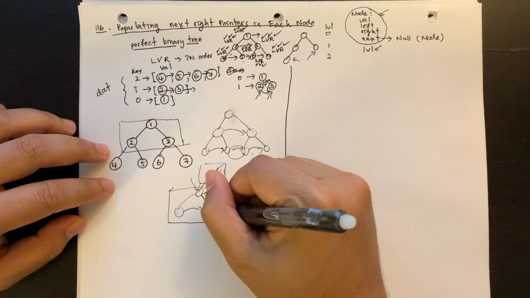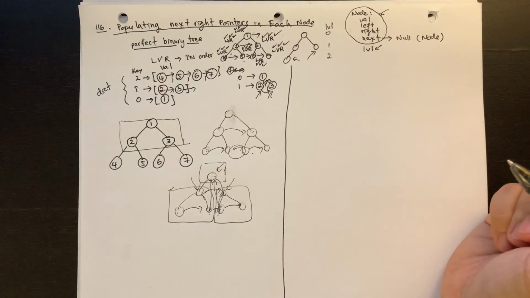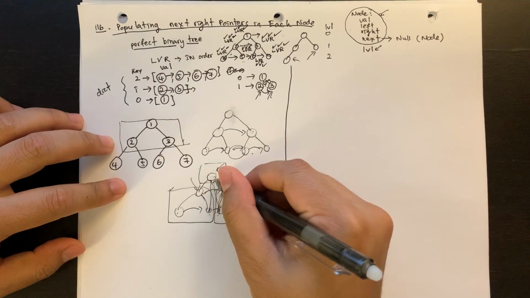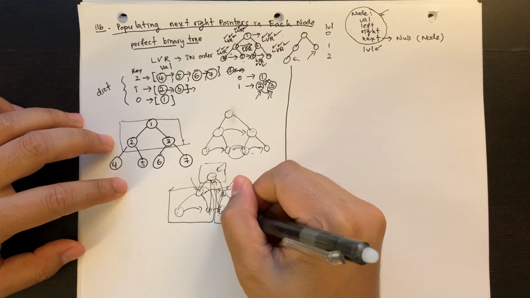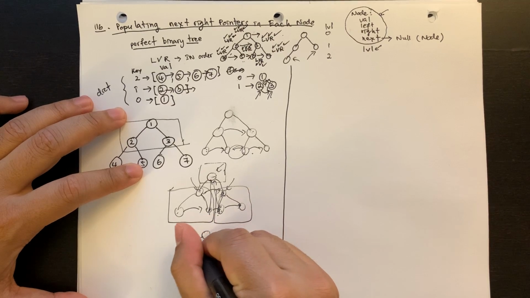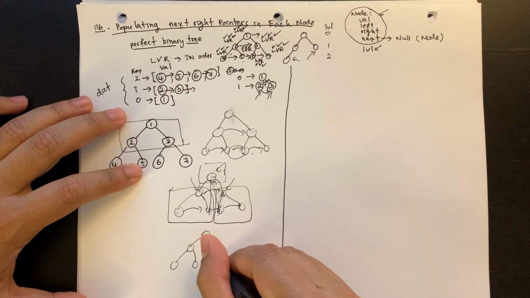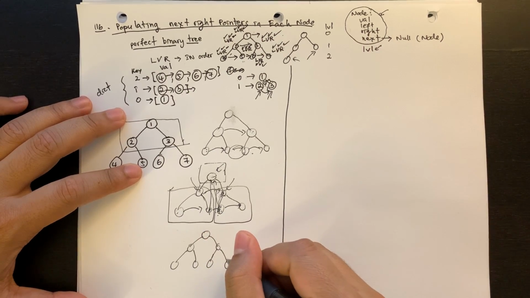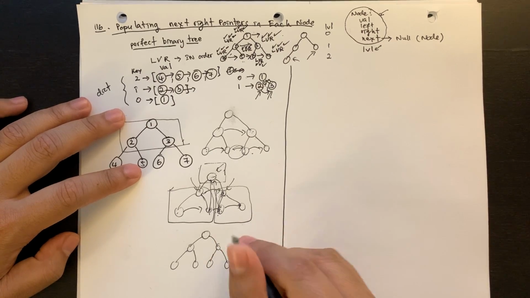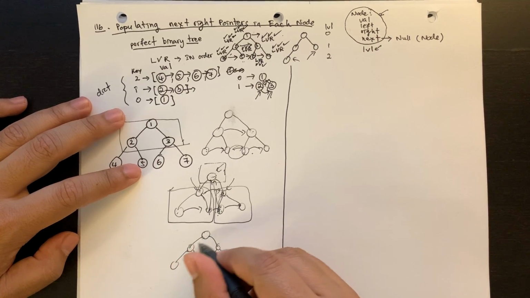Oh, maybe we can access this and connect those. Yeah, we have the ability to do that, right? Yeah, we have the information.